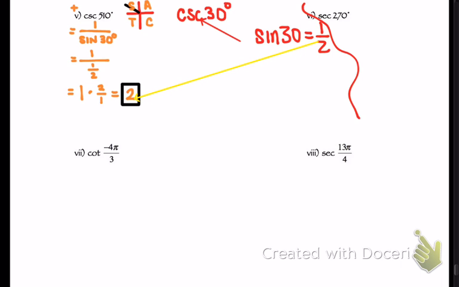Let me back the train up and say that one more time. So think, cosecant of 510, your reference angle would be the cosecant of 30. Well, if I know the sine of 30 degrees is 1/2, if I take the reciprocal, voila, that would be the cosecant.